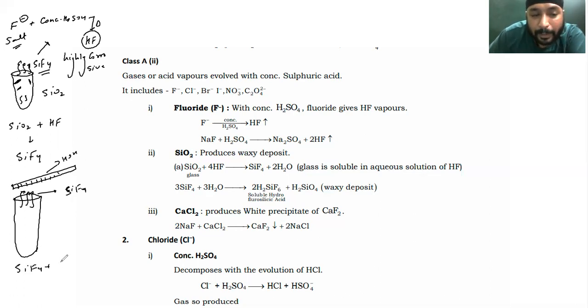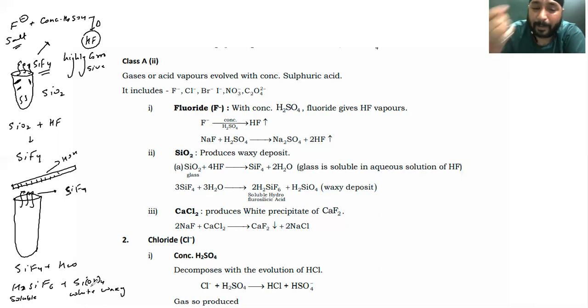SiF4, when it undergoes hydrolysis with water, I'll be getting H2SiF6, which is an acid, hydrofluorosilicic acid, plus I'll be getting Si(OH)4. Now this is soluble and this has a white waxy texture. So I have a white waxy solid. By touching the glass rod, you will feel the white solid on the glass, right? With this white waxy solid, you will come to know that okay, fluoride is available here.